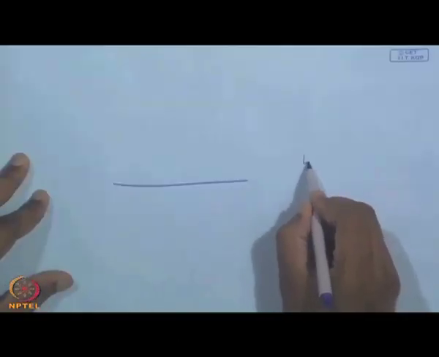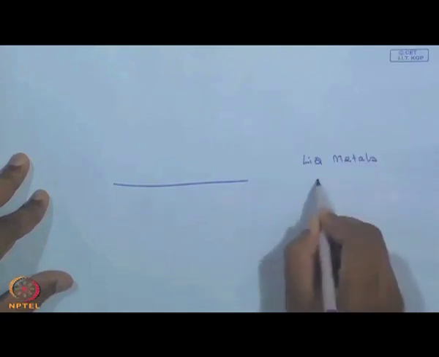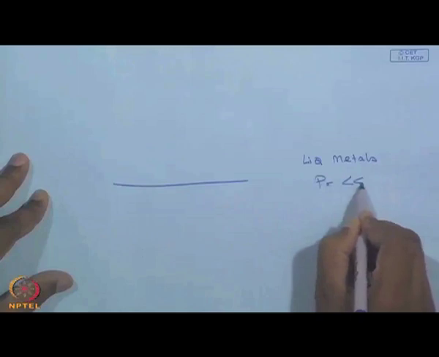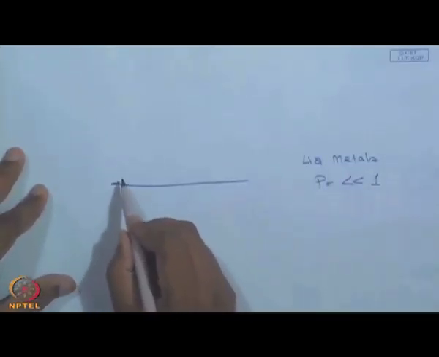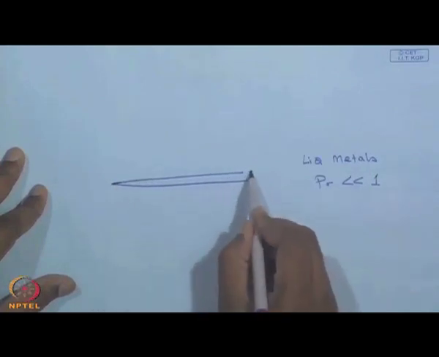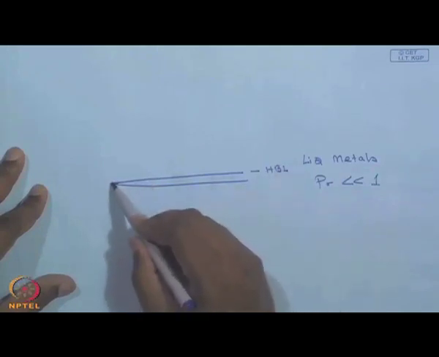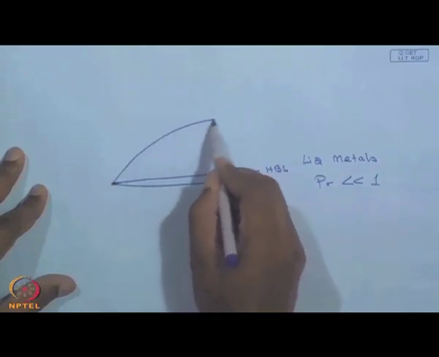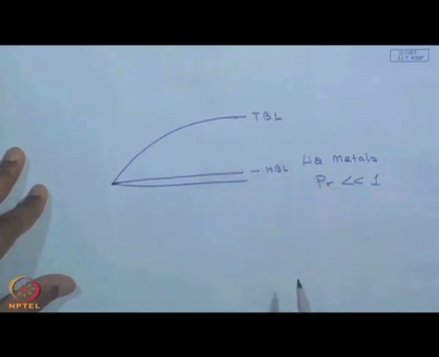For the liquid metals, the value of Prandtl number is going to be very small compared to 1. Okay. So, this would tell us that the thickness of the hydrodynamic boundary layer is going to be quite small compared to the thermal boundary layer.